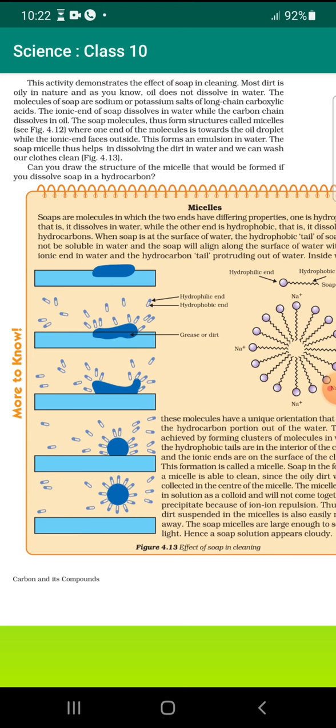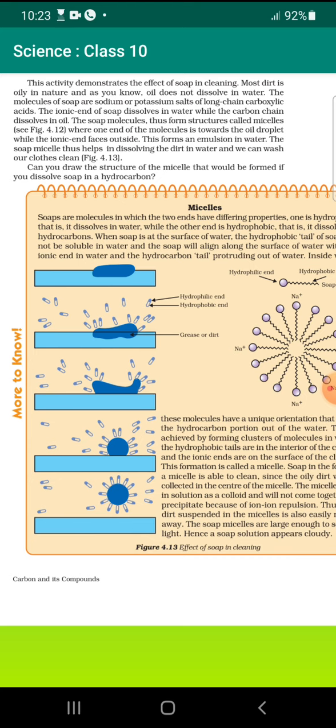The soap molecules thus form structures called micelles, in figure 4.12, where one end of the molecules is towards the oil droplet while the other ionic end faces outside. This forms an emulsion in water. The soap micelle thus helps in dissolving the dirt in water, and we can wash our clothes clean.